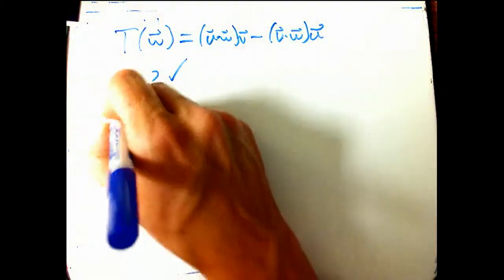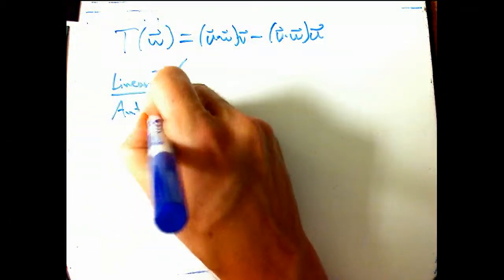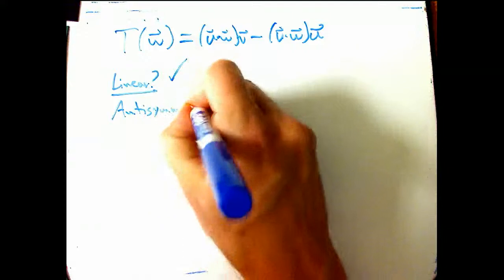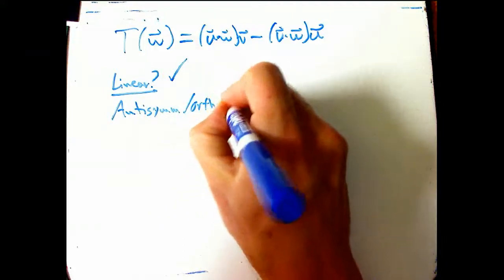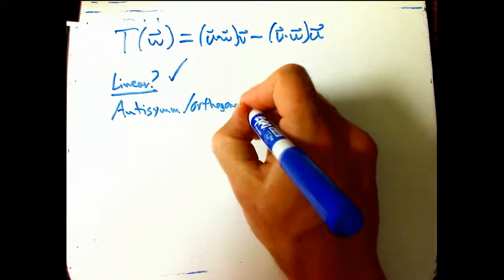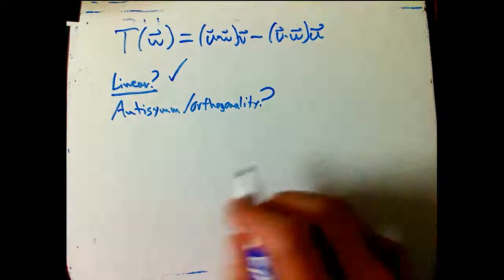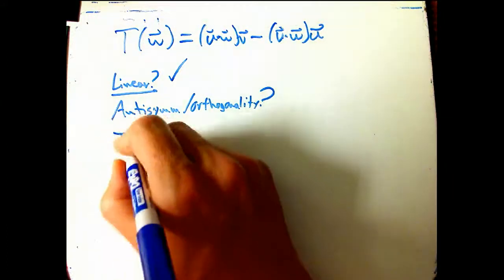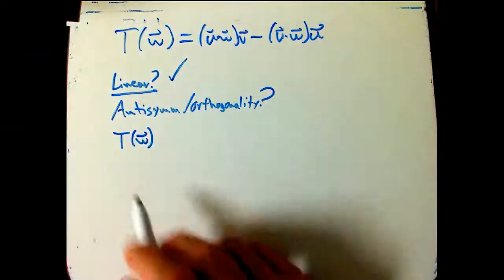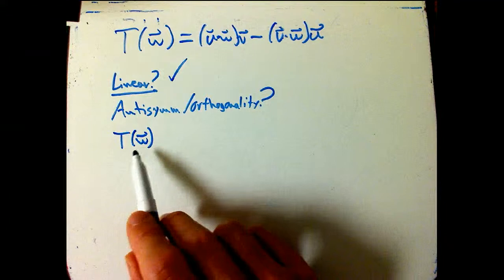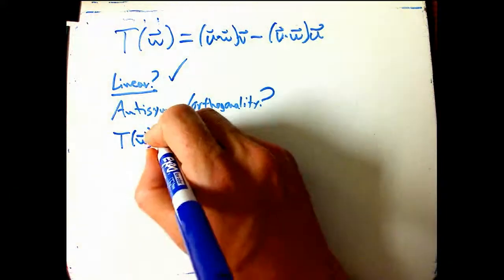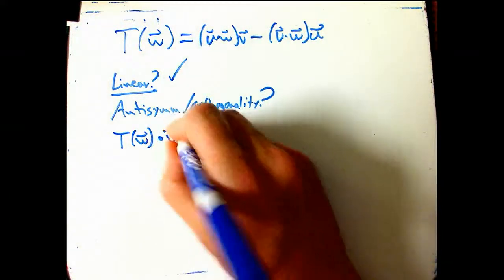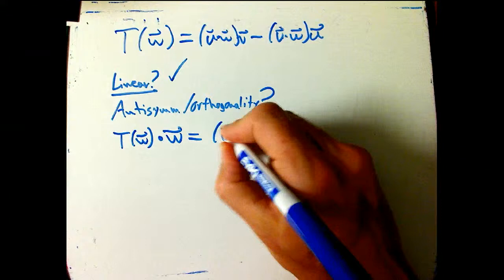Does it have the antisymmetry and orthogonality properties that we saw were crucial to the geometry? Well, it's really easy to check. T of W, that's supposed to be W rotated infinitesimally. It's supposed to be orthogonal to W. Well, that's super easy to check.